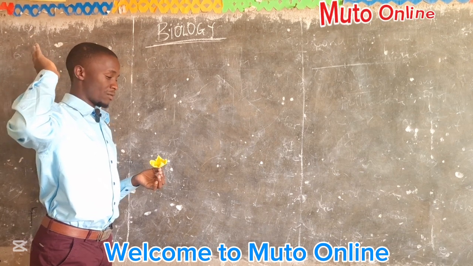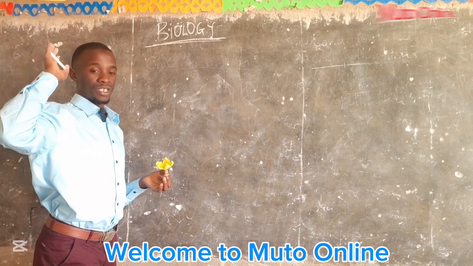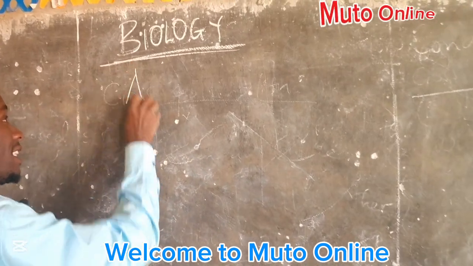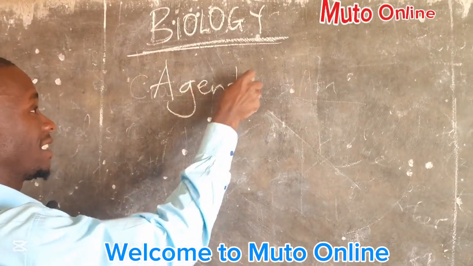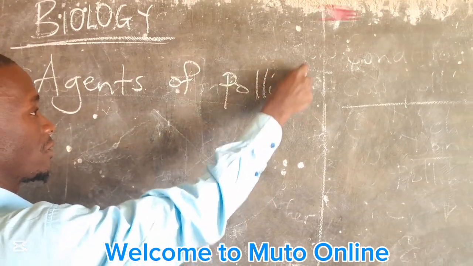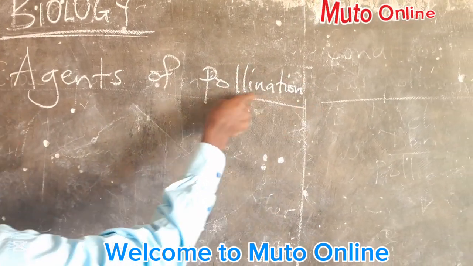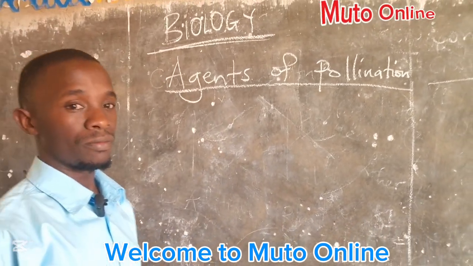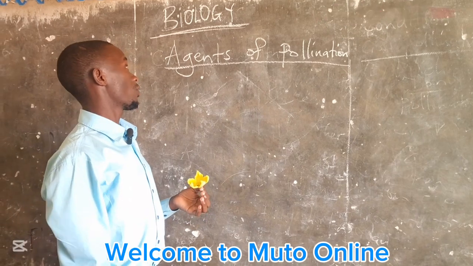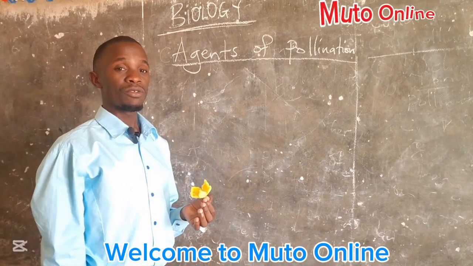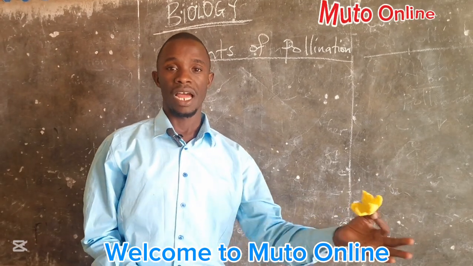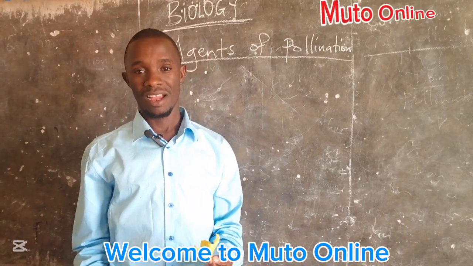We looked at the modes of pollination. We are now going to look at the agents of pollination. So, pollen grains, in most cases, in cross-pollination, need things that will transfer the pollen grains from the anthers to the stigma.